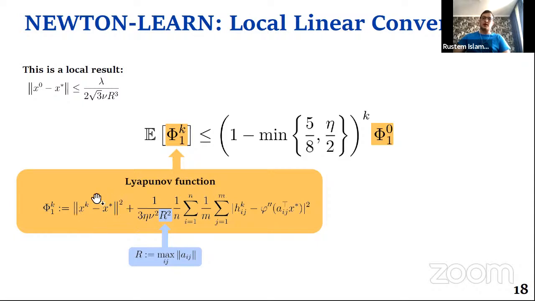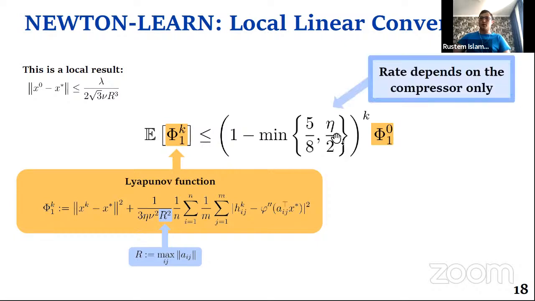The first term of this Lyapunov function is responsible for convergence of the parameters of the model, and the second one is responsible for convergence of our introduced coefficients Hij. Equivalently, it means that it is responsible for convergence of our approximation Hk to the Hessian at the optimum. I would also like to note that the rate doesn't depend on the condition number.